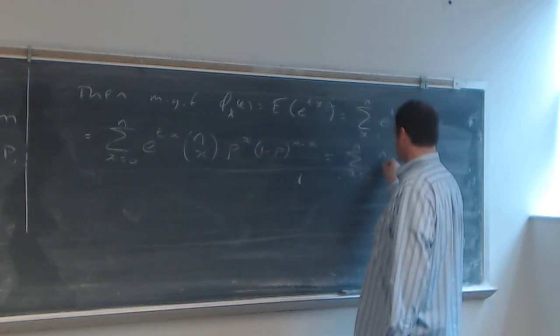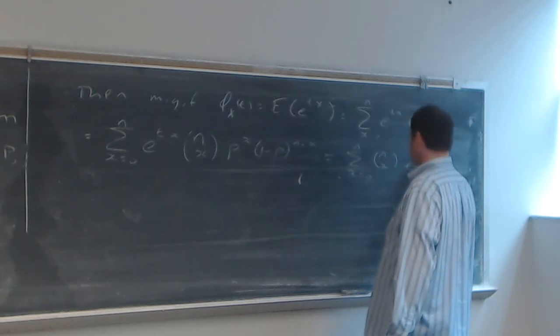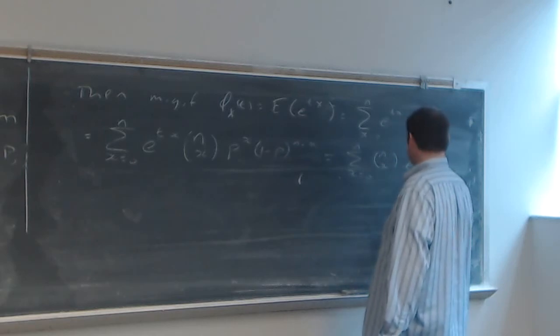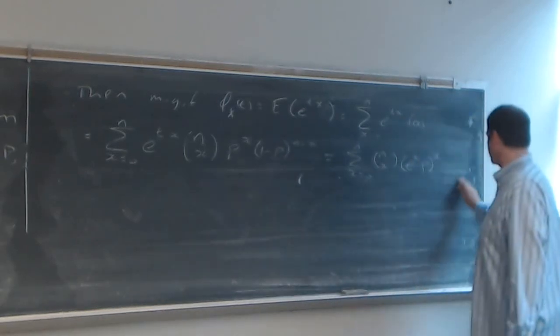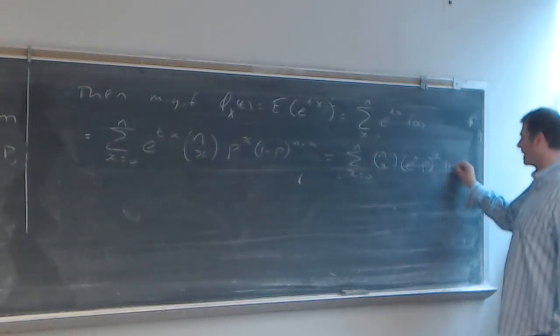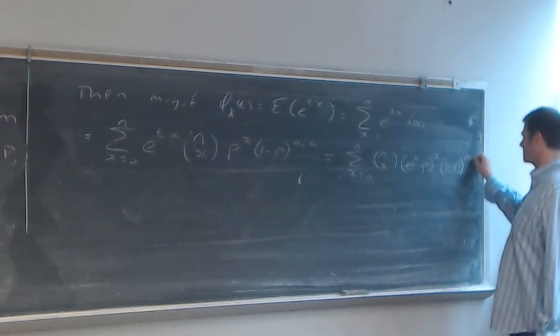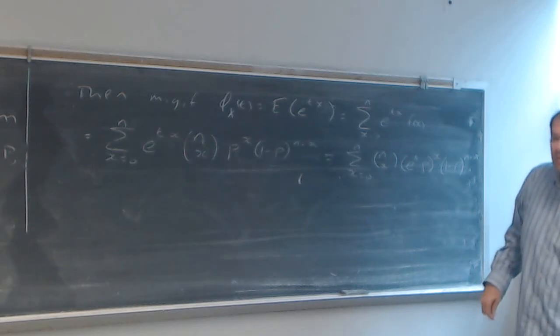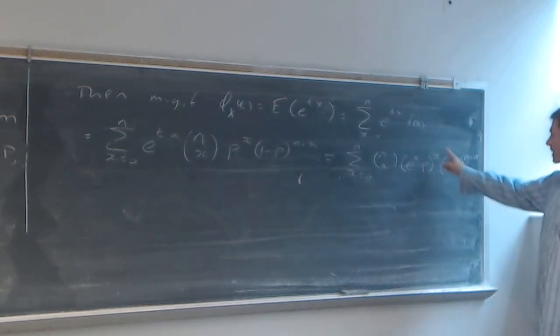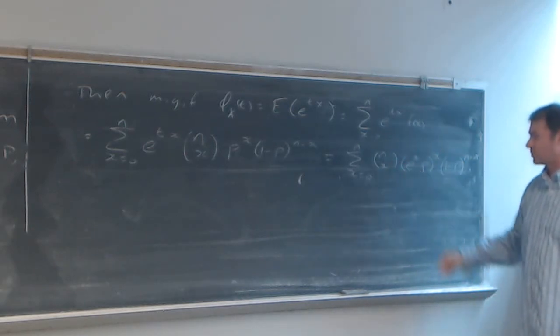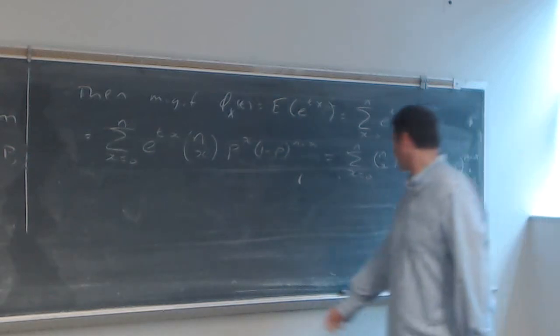Okay, so I'll rewrite this as the sum as x runs from 0 to n of n choose x. Here I'll rewrite this as e to the t times p raised to the x, and then 1 minus p to the n minus x. Wonderful. Now, very quickly we can see this is in the right setting for us to apply the binomial theorem.